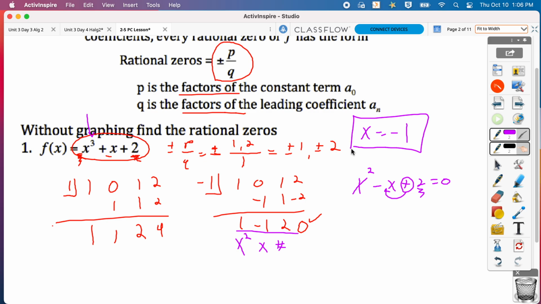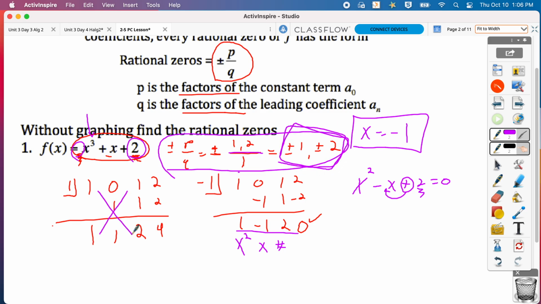So again, what we're going to do is make a list of possible good-looking answers. No square roots, no imaginaries. By doing plus or minus p over q, the factors of 2 divided by the factors of 1, which gave me these 4 right here. I did synthetic division. Positive 1 did not work, but negative 1 did.